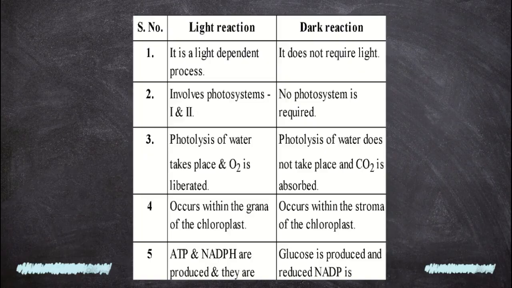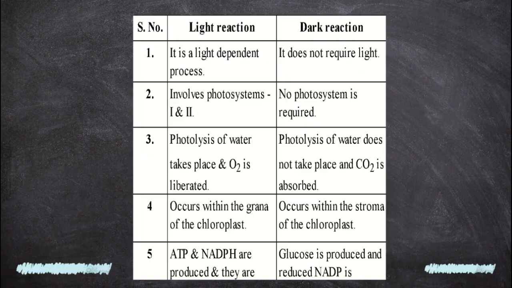Then for our light independent reaction, aka the dark reaction, independent meaning you don't need light. No photosystem is necessarily required, and photolysis, the splitting of water, does not take place. But in this light independent reaction, CO2 is absorbed. This occurs in the stroma, which is the space within the chloroplast.